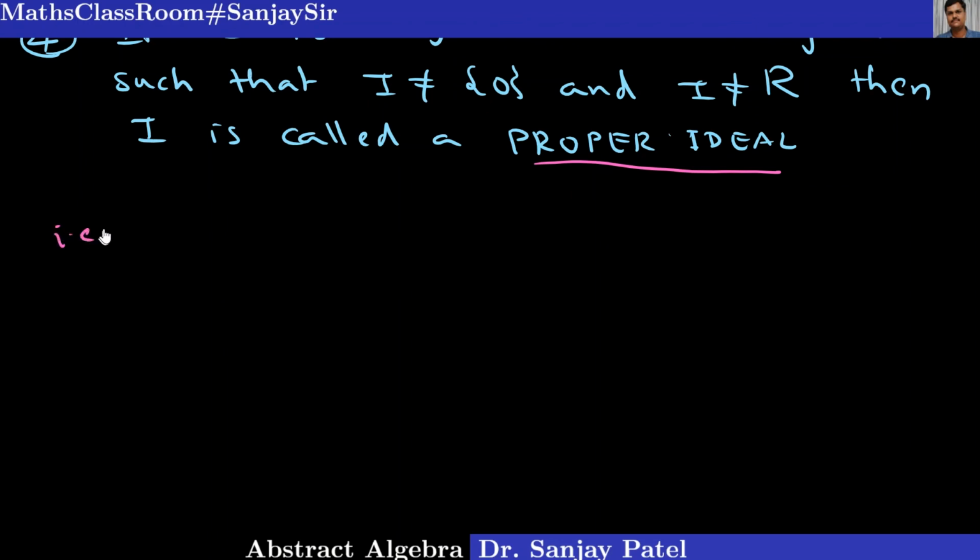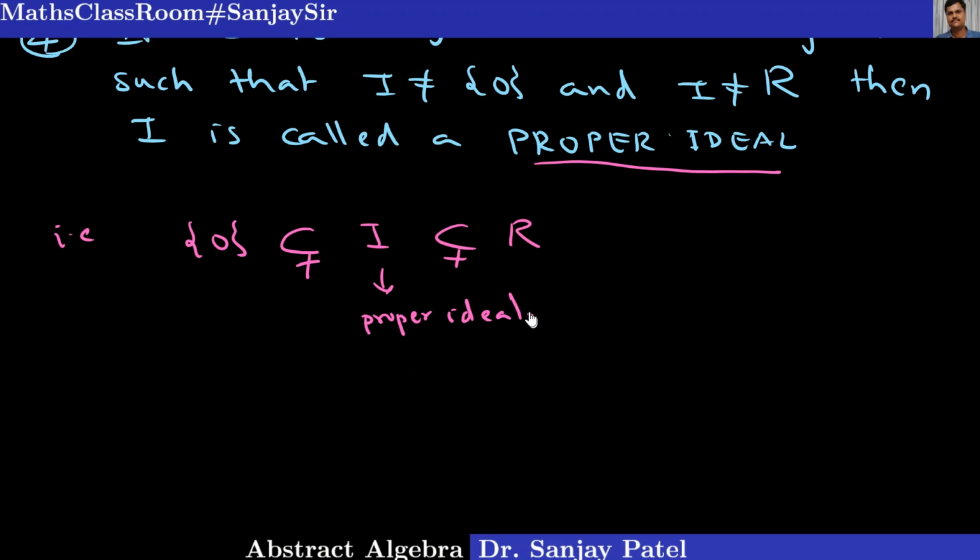That is, singleton 0 is a subset of I, which is a subset of R, and I is not equal to 0 and not equal to R. So this is called a proper ideal. Every ideal which lies between the singleton 0, which is the smallest ideal, and the largest ideal, which is the ring R itself, so any ideal which is different from these two is called a proper ideal.